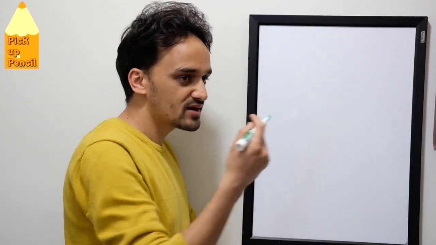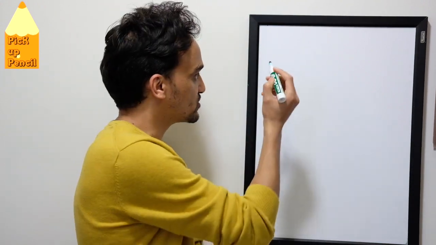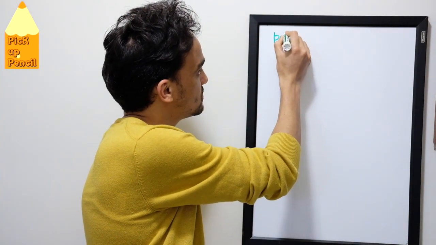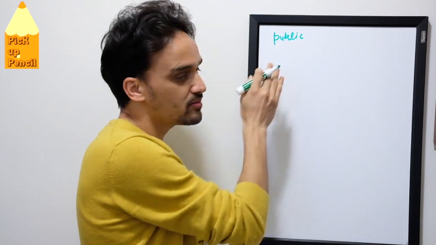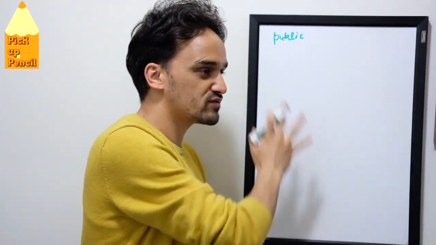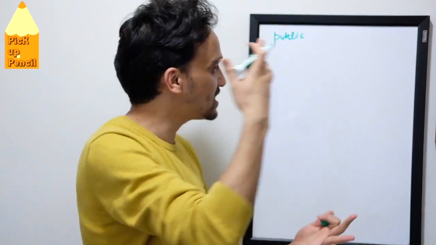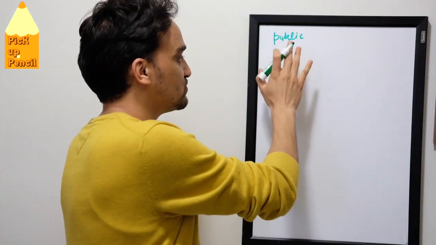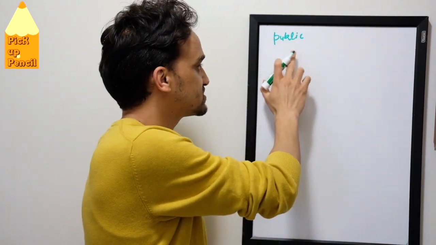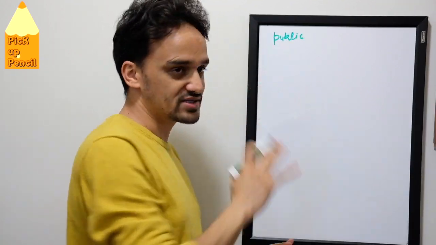Whenever we build a class in Java, this is how we go. The first keyword is public. We write public because we want the scope of this class to be public, so that other classes in our bigger program will be able to access this class. Public is nothing but defining the scope of this class.